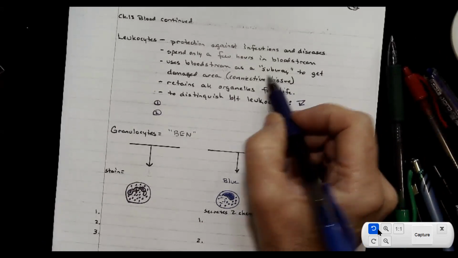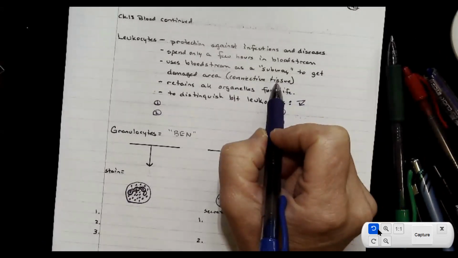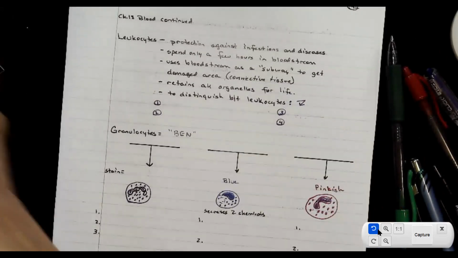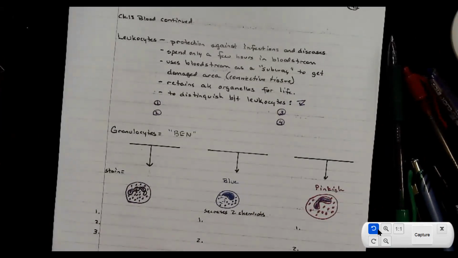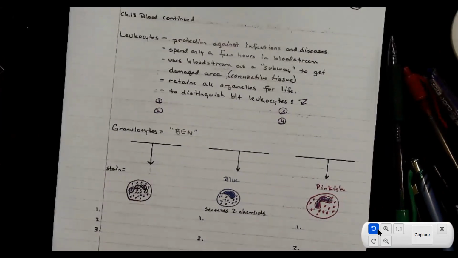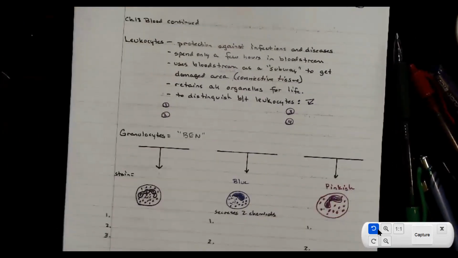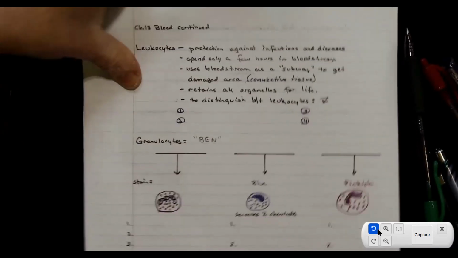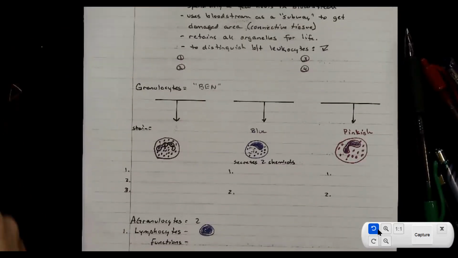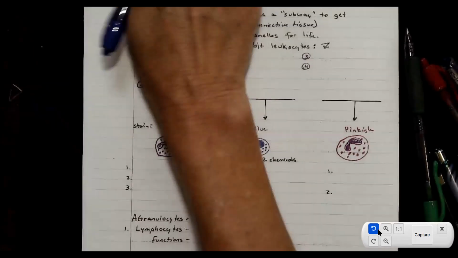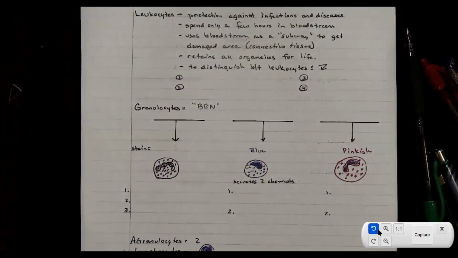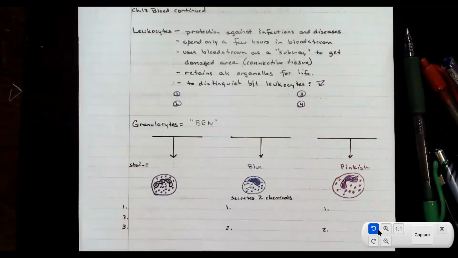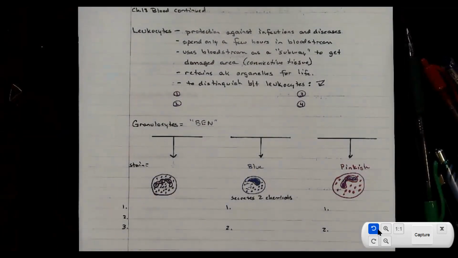They only spend a few hours in the bloodstream; mainly they use the bloodstream as a subway to get to the damaged area where there's a pathogen coming in. A pathogen is anything that can cause a disease. They retain all their organelles, unlike red blood cells, which eject the nucleus and get rid of their ribosomes. They keep all their organelles for life.